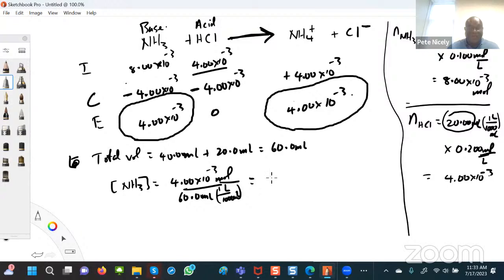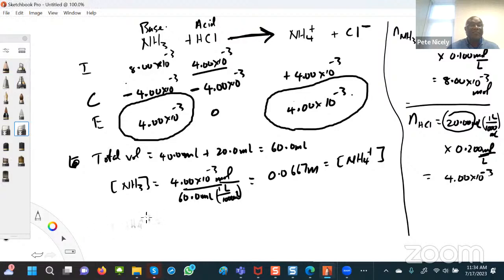The answer I got for this part here is 0.0667 M. And then I'm going to do the same thing for the concentration of ammonium. And that will be equal to the same, actually. So let me just put this here, concentration of ammonium, because it's the same numbers.